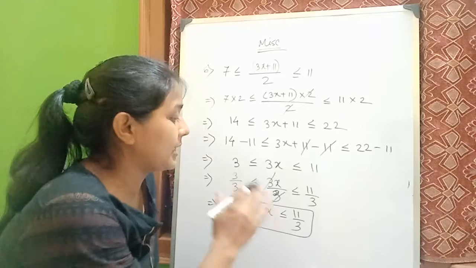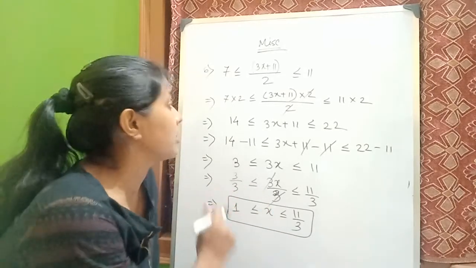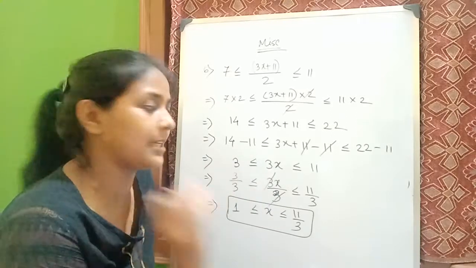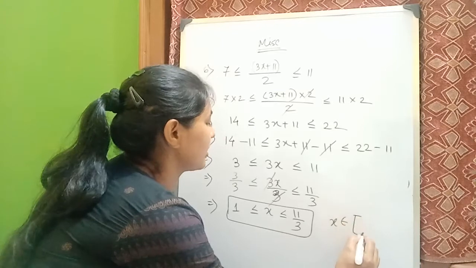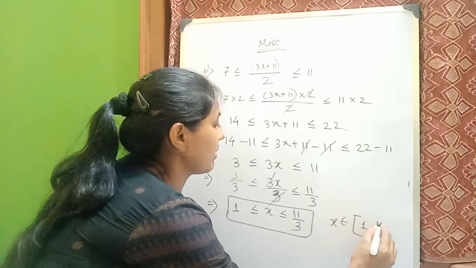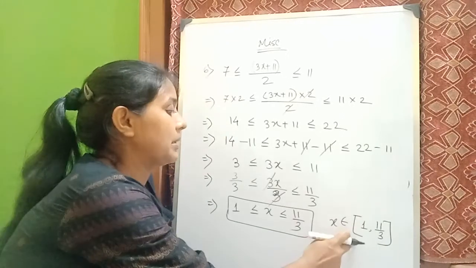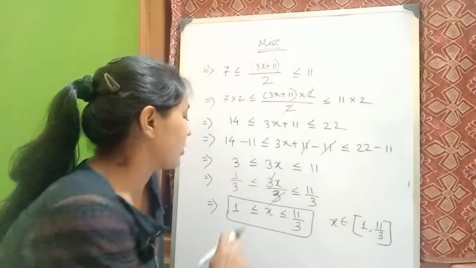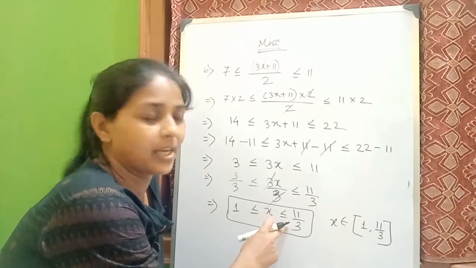You can keep it like this if nothing else is written. Or suppose the question is solved for real x, that means x belongs to the closed interval [1, 11/3]. This will be the answer. Closed interval, why? Because these two are slack inequality signs.